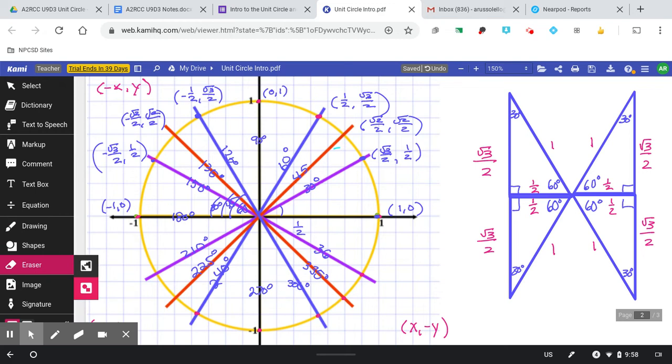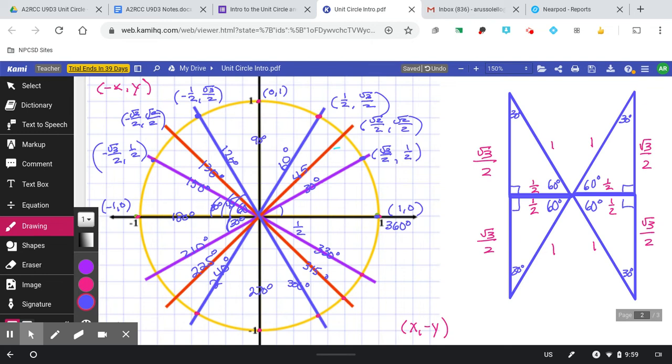Can't be 360, and this can't be 335. Okay, this is going to be 315, and this is going to be 330. Okay, and then 360.